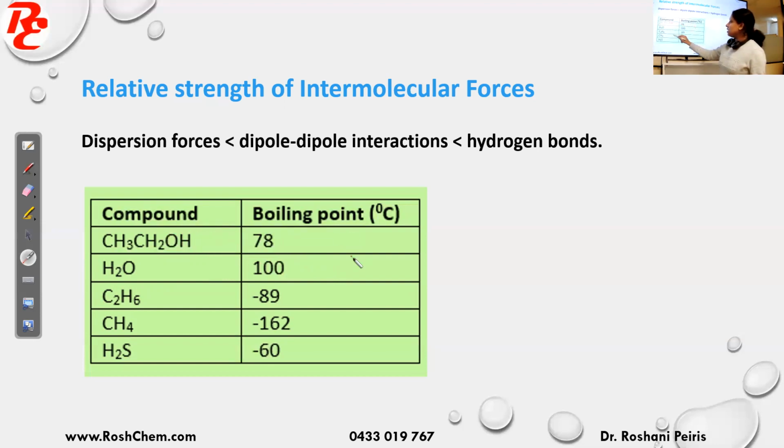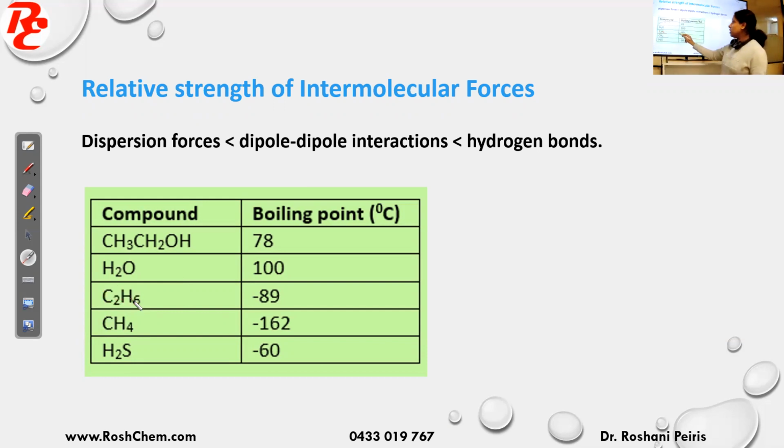When you take these two molecules, they are non-polar. If they are non-polar, they only have dispersion forces. Dispersion forces are very weak. That's why their boiling points are lower. But when you compare the two boiling points, the C2H6 boiling point is greater than that of CH4. The reason is C2H6 is bigger than CH4. We learned that the bigger the molecule, the more electrons, therefore the strength of dispersion forces will be higher.